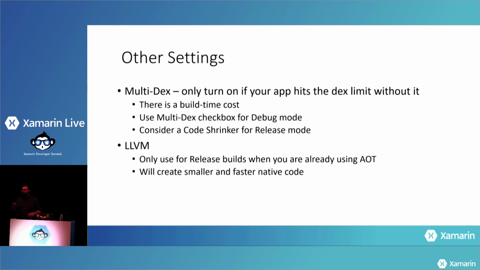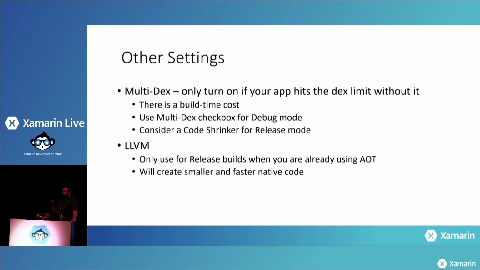Does using the code shrinker help those of us who are using Google Play Store stuff, which is usually the reason that my apps in the past have gone over? Yeah, so he's asking about multi-DEX, if using Google Play libraries, Google Play services, would get you over the multi-DEX limit. Yes, absolutely it would. But does using the code shrinker fix that?